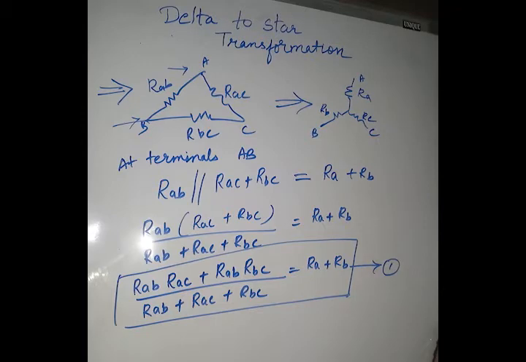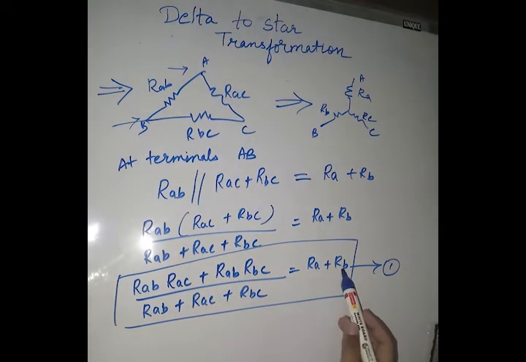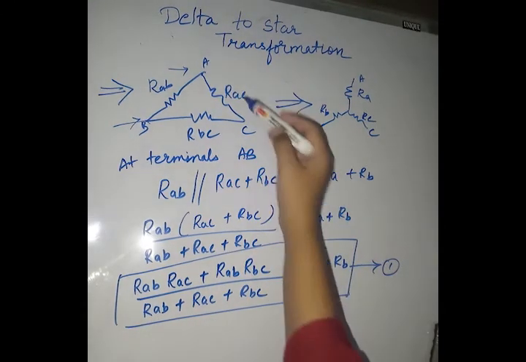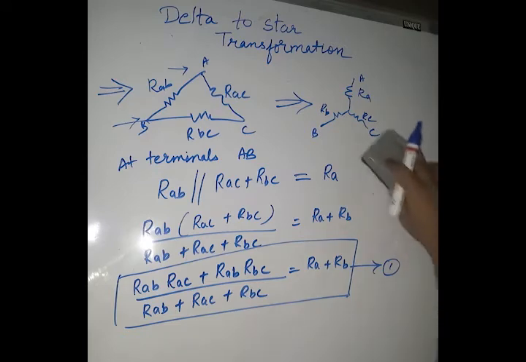So similarly, in this way, upon seeing from BC terminals, we will get some kind of formula like this, and upon seeing from AC terminal, we will again get some another kind of formula. The method is same, so I'm just quickly writing the formula.